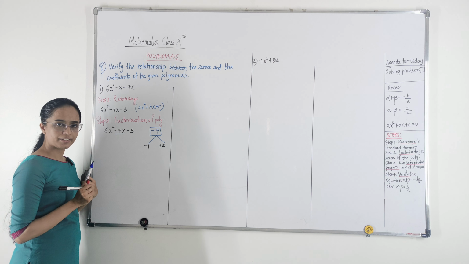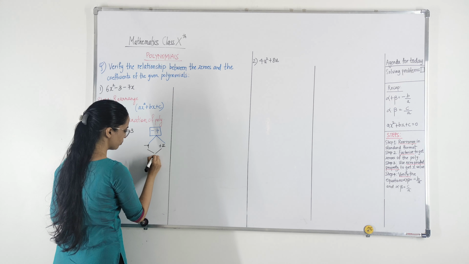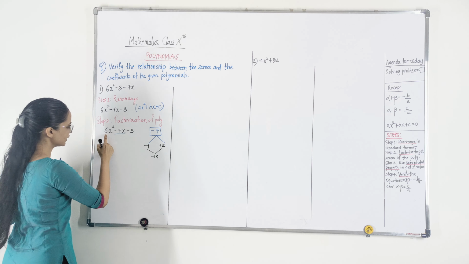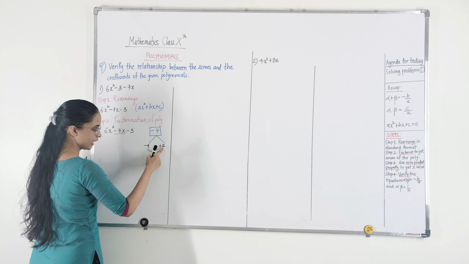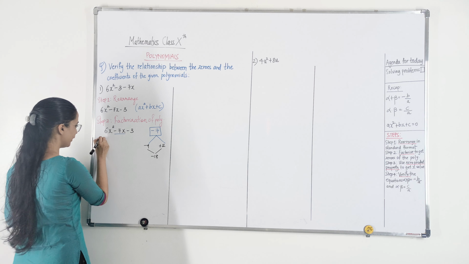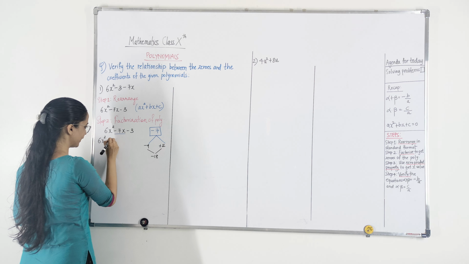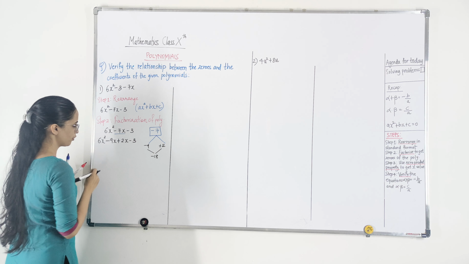Yes, of course, because minus 9 into plus 2 gives minus 18, and 6 into minus 3 is also minus 18, right? And minus 9 plus 2 gives minus 7. So you are going to write the middle term as minus 9x plus 2x minus 3.